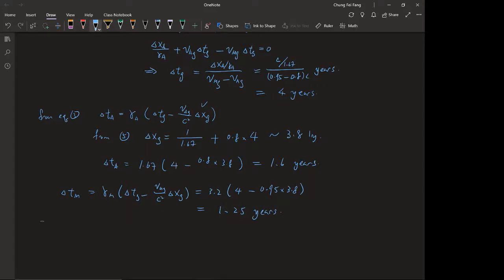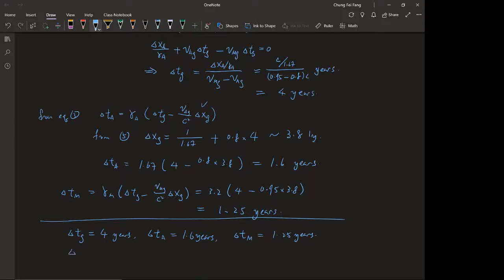So finally, we use the Lorentz transformation to find the answer. Delta Tg is 4 years, and if you measure in Amanda's spaceship it is equal to 1.6 years, and if you measure in the messenger's it is 1.25 years.